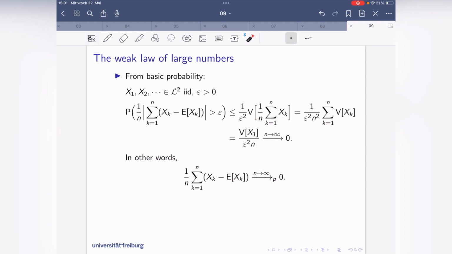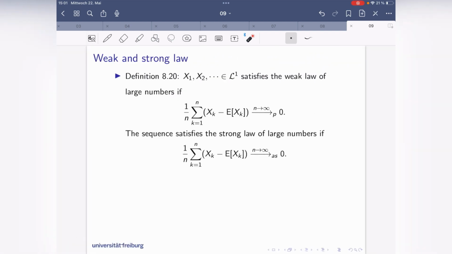And variance of the sum equals sum of the variances because they are independent. So this here is n times the variance of the first. But you divide by n squared, so 1 over n stays here. And by this n, which stays in the denominator, it converges to 0. Okay, that means if they are in L2, we have convergence in probability.